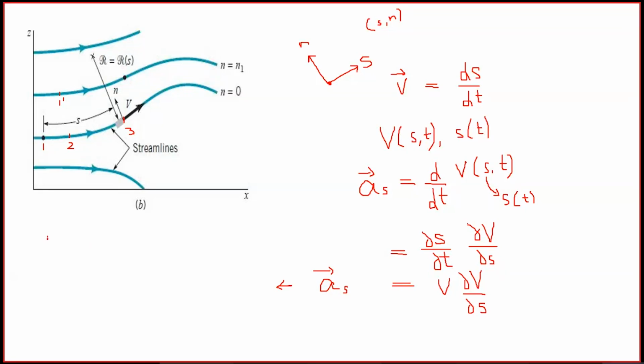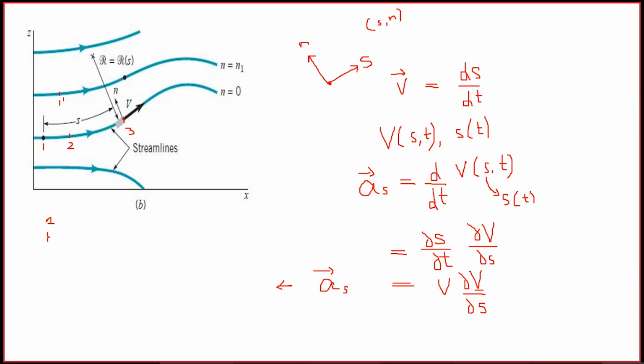So if we have a particle at this point, let's say 1, and the particle is not accelerating, it means it is moving with uniform velocity, which means this derivative, partial v by partial s, would be equal to 0.